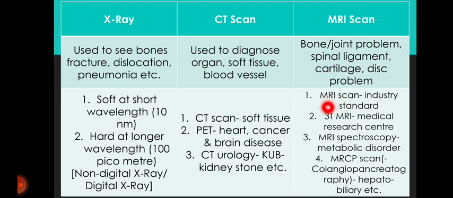MRI scans are of four types. Simple MRI scan, that is the industry standard, is used at 1.5 Tesla. If the Tesla is more than 3, that is called 3T MRI scan, which is used in medical research institutes. Then MRI spectroscopy is used to detect metabolic disorder problems.